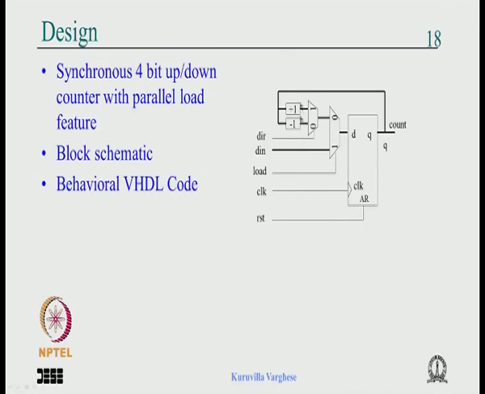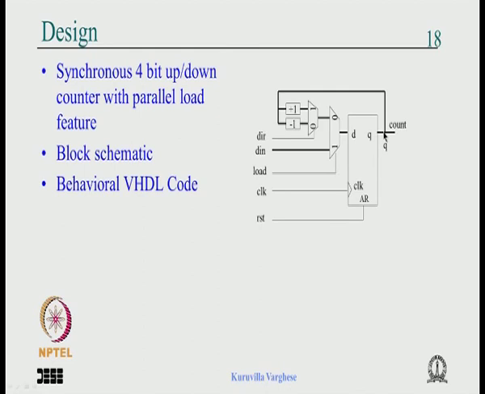Now if you look at this, this entity has reset as input single bit, clock as input single bit, load as input single bit, direction as input single bit, DIN is an input which is standard logic vector 3 down to 0 because it is 4 bit. Then we have a count which is output, 3 down to 0, 4 bit.